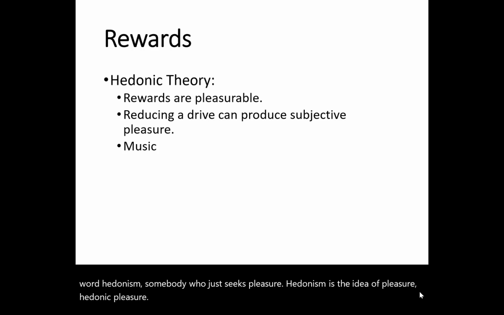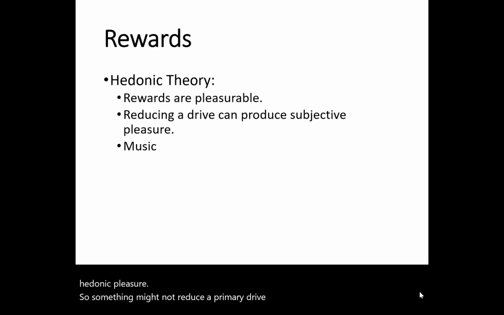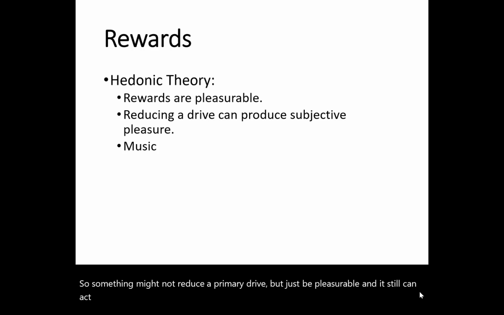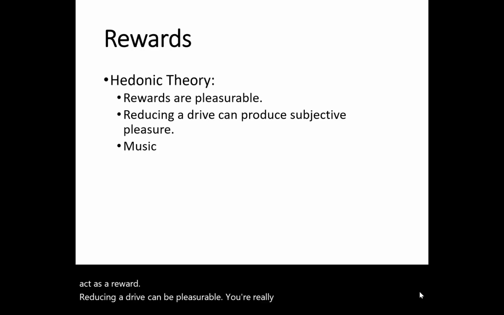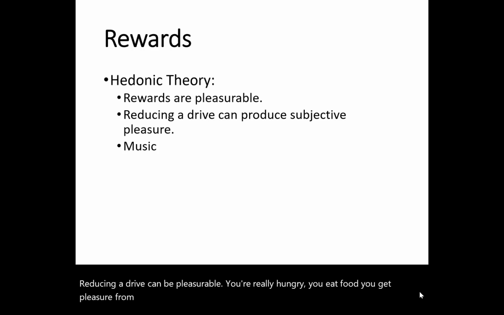So something might not reduce a primary drive, but just be pleasurable, and it still can act as a reward. Reducing a drive can be pleasurable. You're really hungry, you eat food, you get pleasure from that. But sometimes just music, sometimes just something entertaining can reward an animal and people. Something can just be kind of fun.